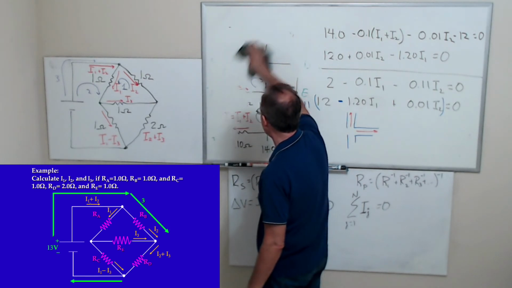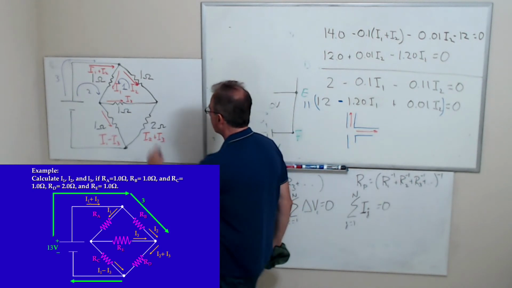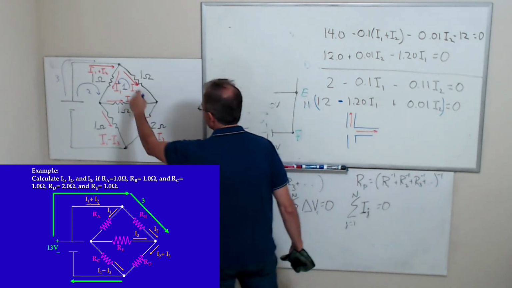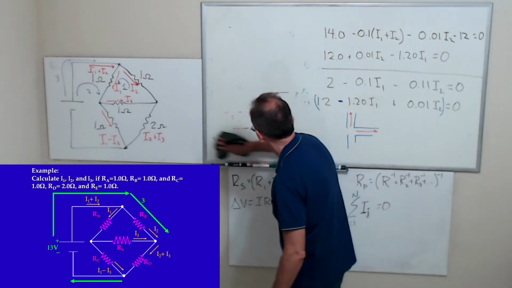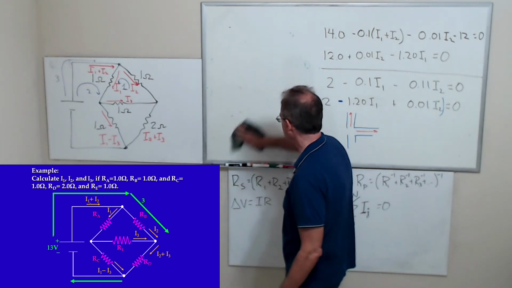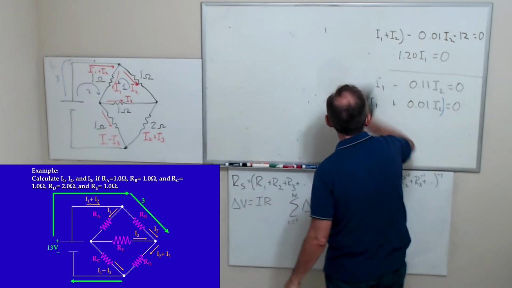Yeah, I didn't choose the battery. In fact, you'll find if you do that, that the diamond is the sum of these two. When you add the equations for this loop and this loop, you'll get the diamond. So then the equations won't be independent of each other. You got to make sure the equations are independent of each other.